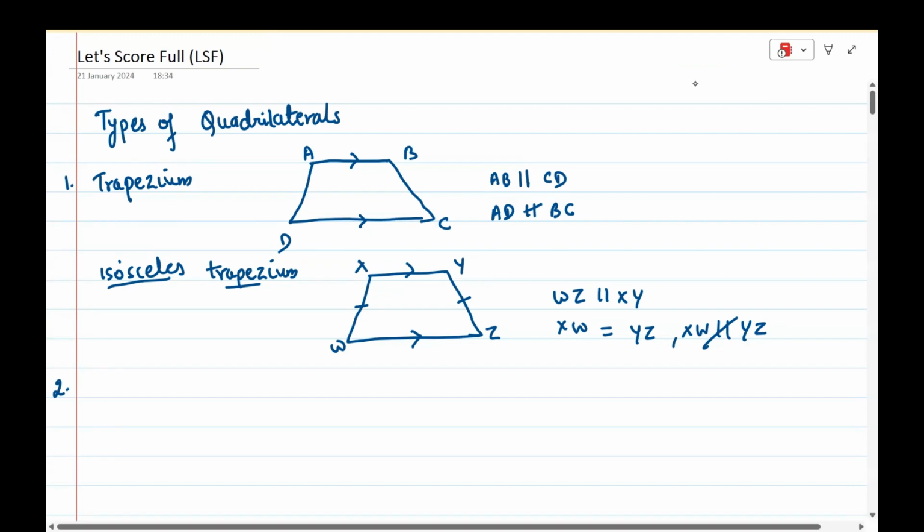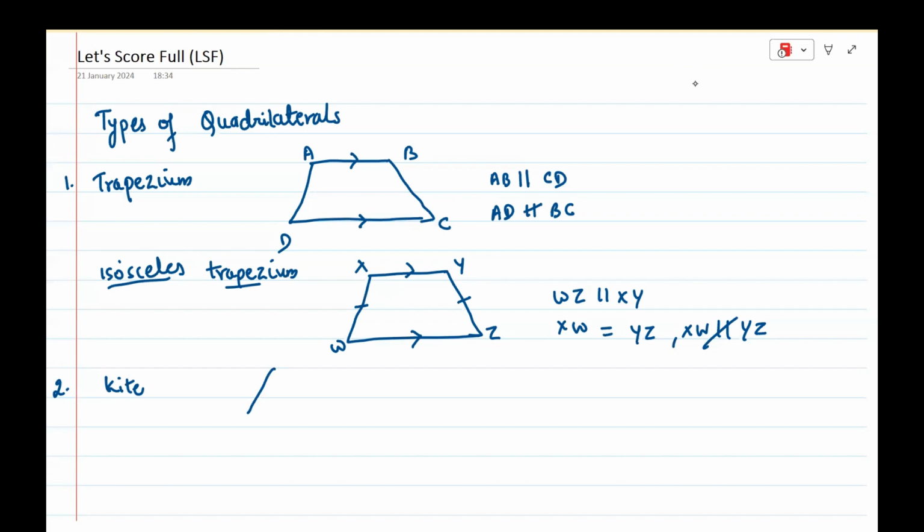The second type of quadrilateral is the kite. In a kite, it's something like this. Have you seen the kite, the one which we fly? ABCD. Here, two pairs of adjacent sides, adjacent meaning side by side, they are neighbors. So AB and AD are equal, AB is equal to AD, and also BC is equal to CD.